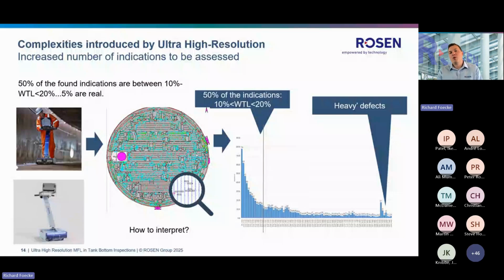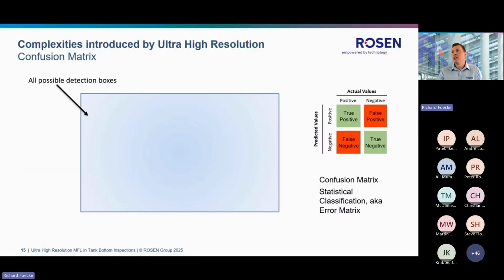Therefore, I would like to talk a little bit about the so-called confusion matrix, as we can have different versions of true calls and false calls. We can have the true positive calls, which is a location where we have real corrosion, and where the software and the tool also identified an indication, and therewith we have a true positive call, a match.